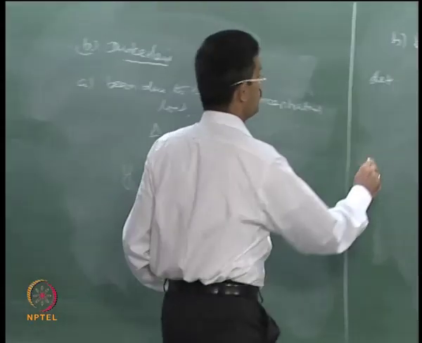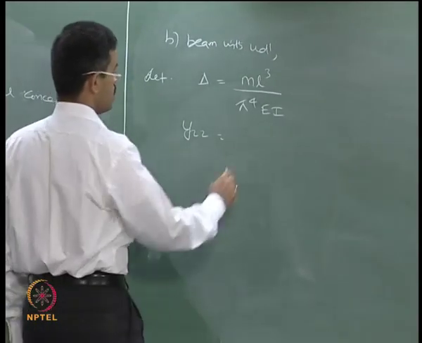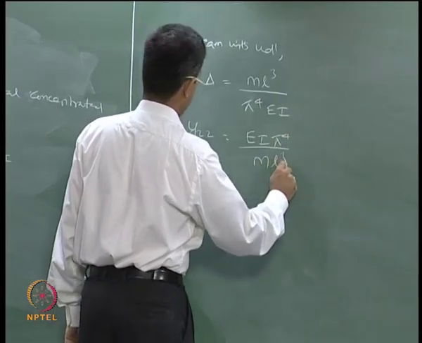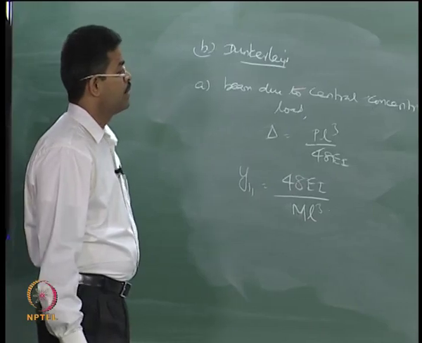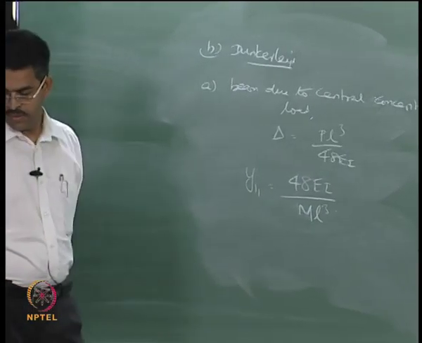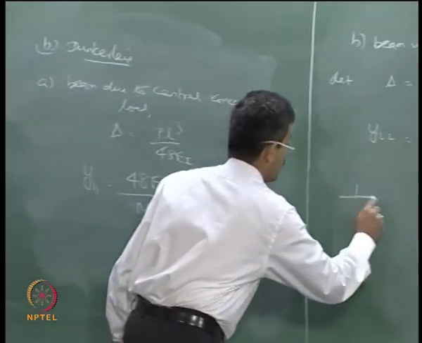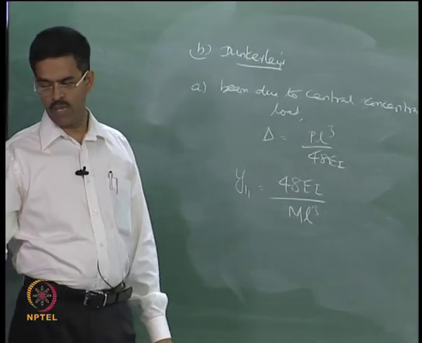Therefore, Y22, which is as required for Dunkerley, will be EI pi power 4 by ML cube. Dunkerley already says 1 by omega square is equal to the sum of M times Y's.